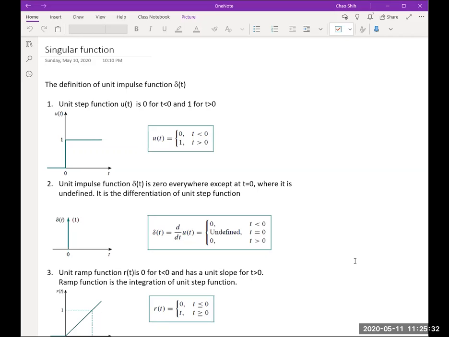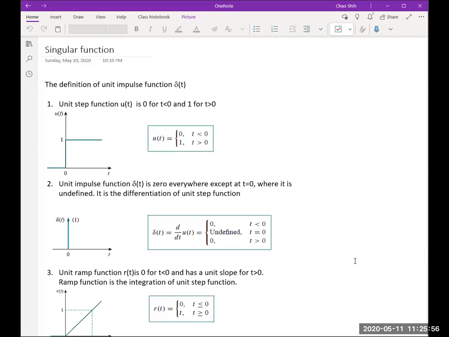The one that I show you right now on the screen is a standard one. It's just t. You only have t in the parentheses to represent what the function depends on. Mathematically, it is expressed with the bracket that tells you the value is 0 or 1 depending on the time.